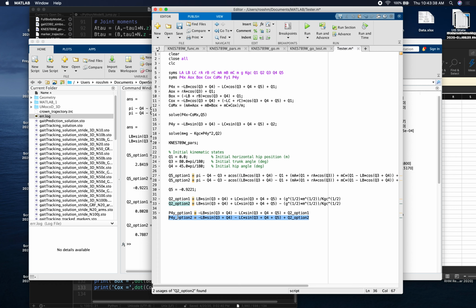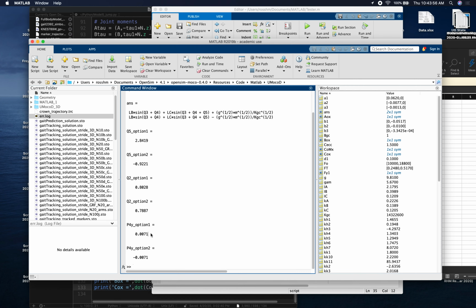And so option 2 here should, I think, be slightly beneath the ground such that it would produce a ground reaction force in the positive direction equal to body weight. And option 1 here should have the same value as this second one, but should be positive instead of negative. And let's see if that's what we get. Okay, and that is indeed what we got here.